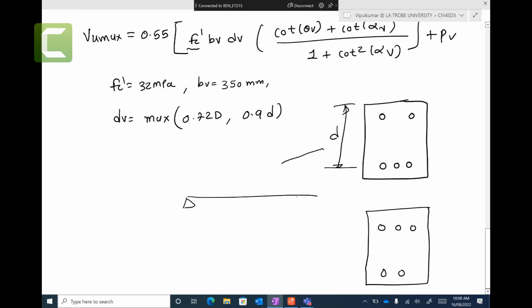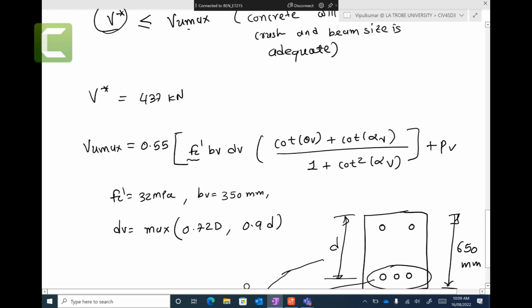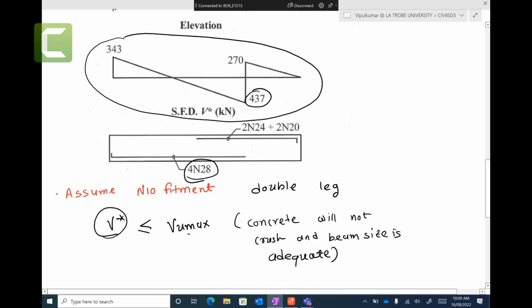Your tensile reinforcement is on top here, and your tensile reinforcement is at the bottom, but I think in both cases d would be the same. So d equals 650 millimeters, capital D given in our question, take away the cover, and you get 28.